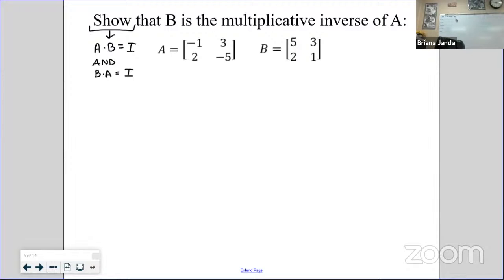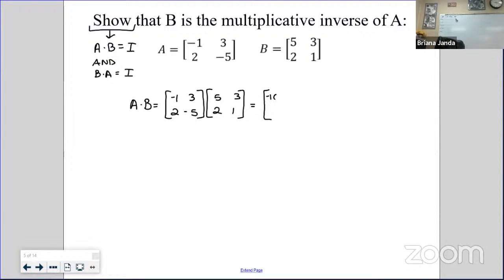Okay, so let's do that. Let's start with A times B. Because the entire point is to show, we will do a little bit more work than we might have if I was just doing the multiplication, and maybe I can do some of the calculations in my head. But because the whole point is to show that this is actually true, I need to show the multiplication process.